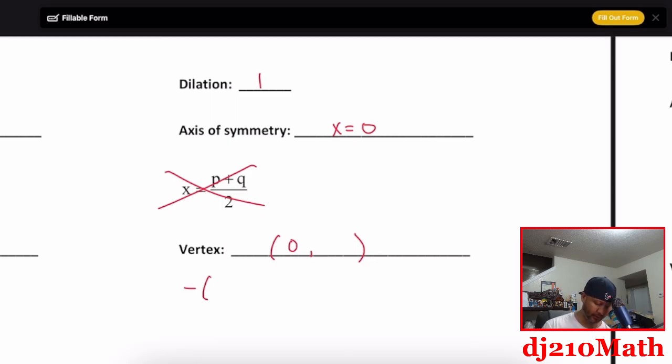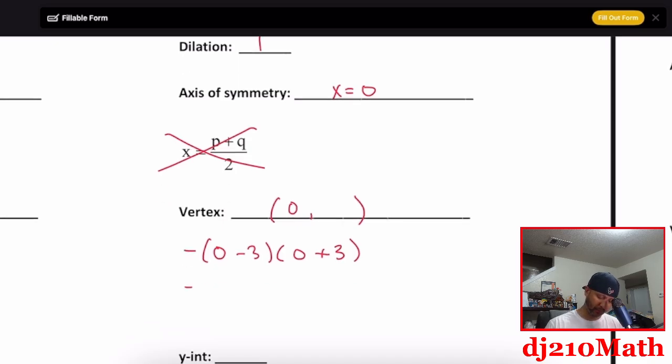So this is going to be negative x, which is 0 minus 3, 0 plus 3. I may have mixed those up, but that's okay because they're both 3. So I don't care about that. So negative 0 take away 3, 0 plus 3. Negative times a negative is positive. 3 times 3 is 9. So when x is 0, y is 9. 0, comma 9.